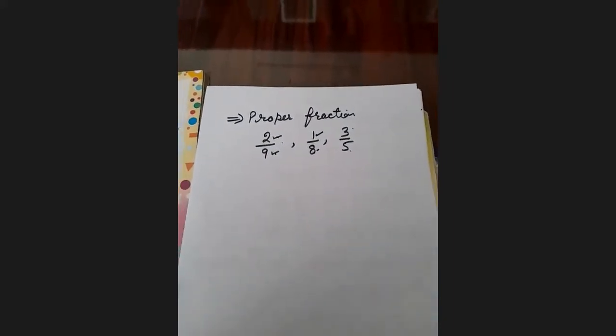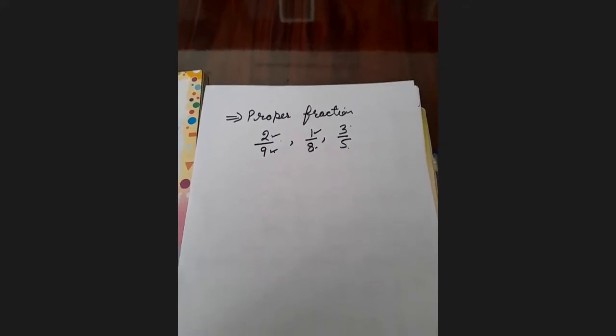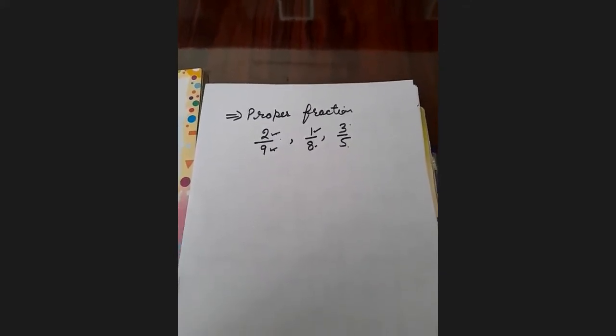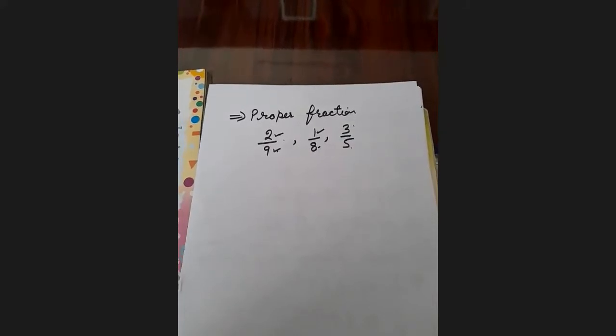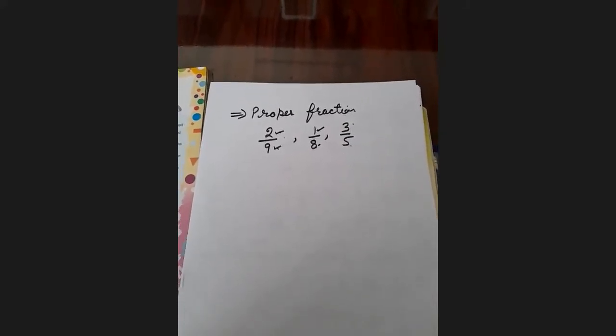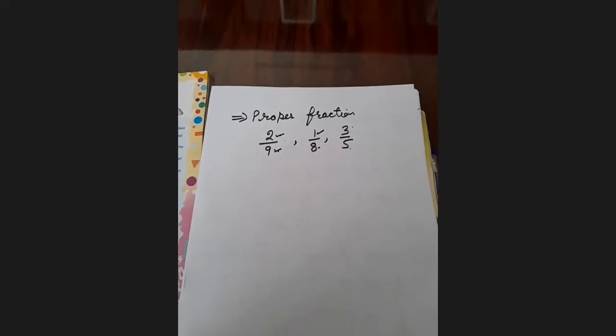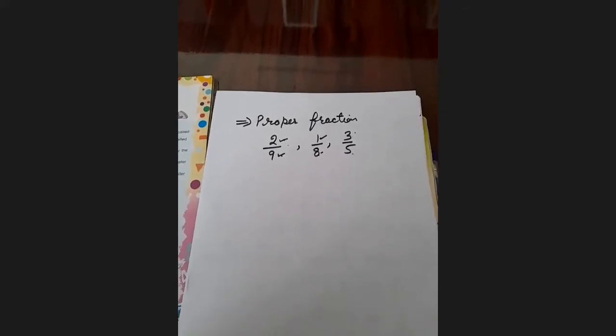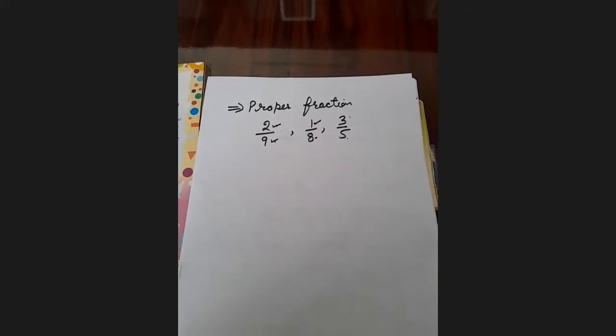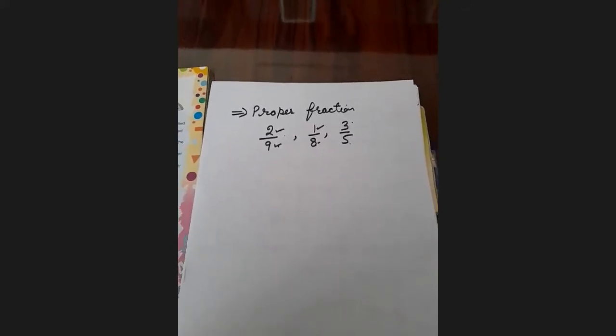So basically, what are proper fractions? If the numerator is less than its denominator, then these types of fractions are known as proper fractions. Clear, students? Next is improper fractions.